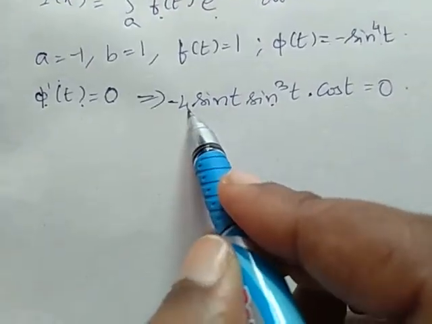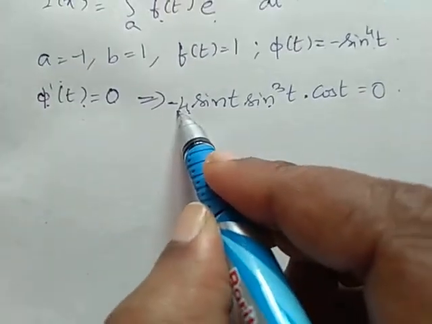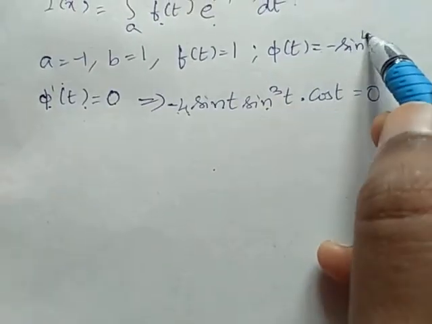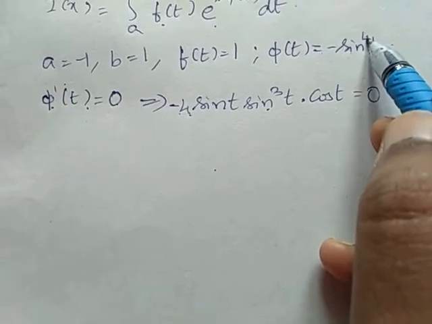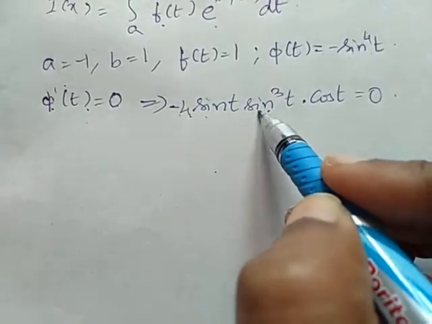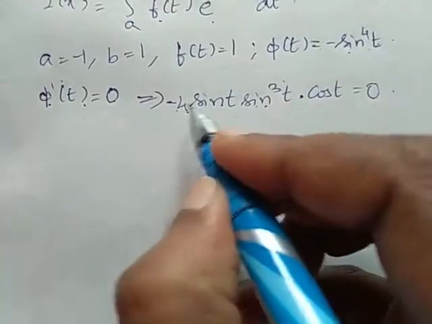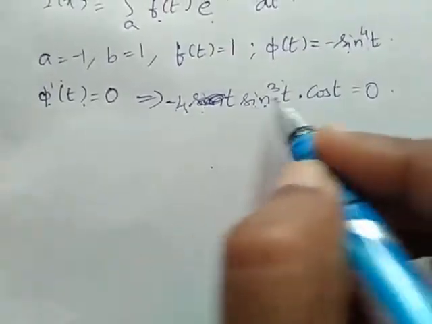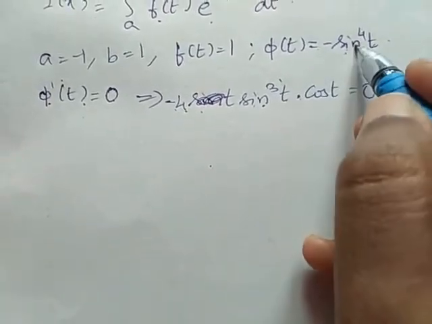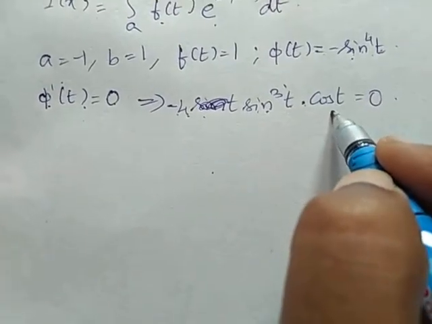Differentiation of x power n is n into x power n minus 1. Therefore the differentiation of sin power 4t is minus 4 sin cube t into cos t. Correct?